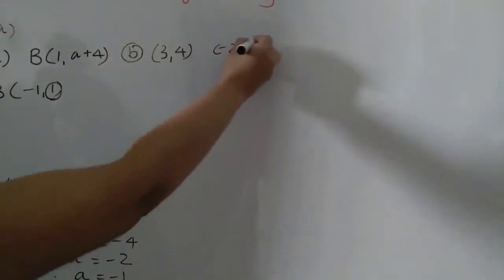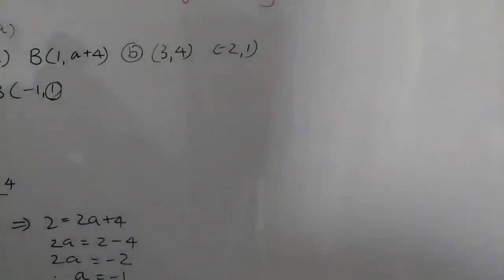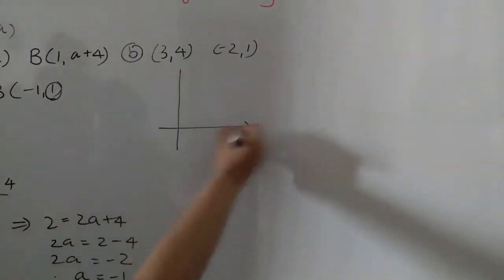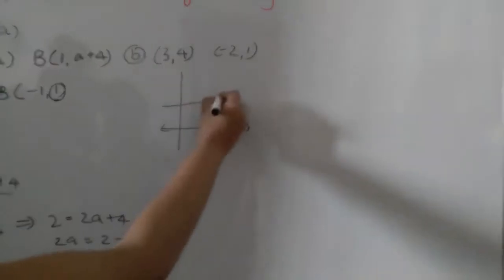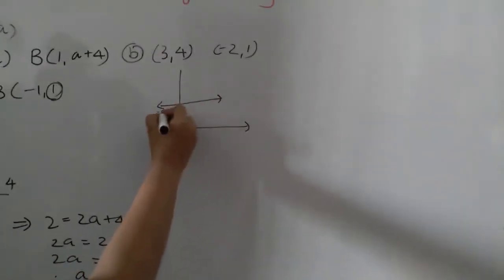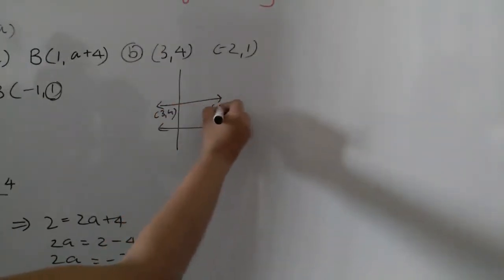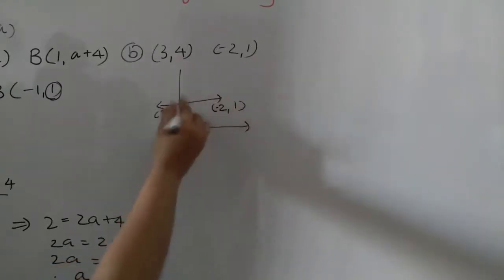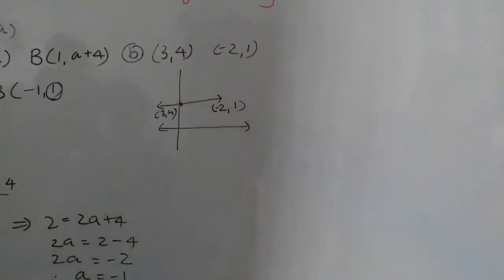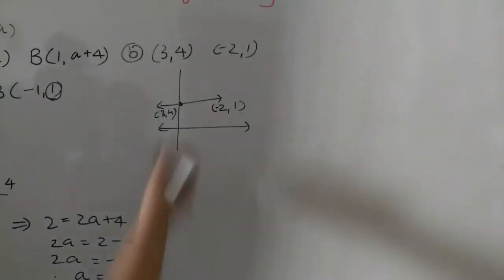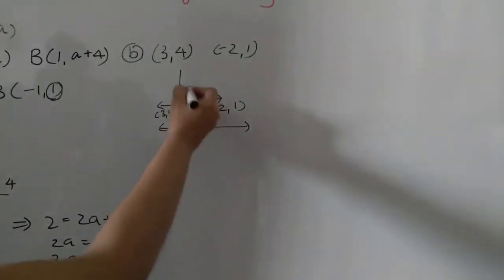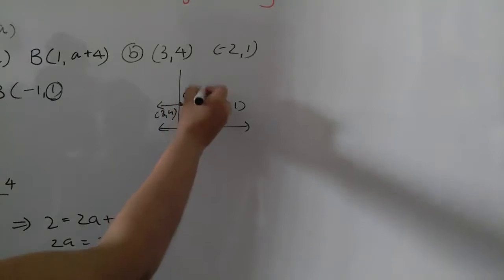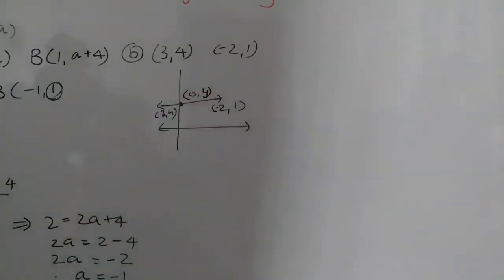The line joining them is divided by the y-axis, so the point on the y-axis will be (0, y). The x coordinate will be 0.